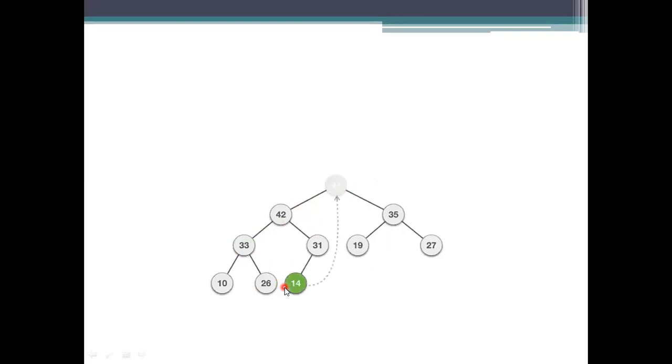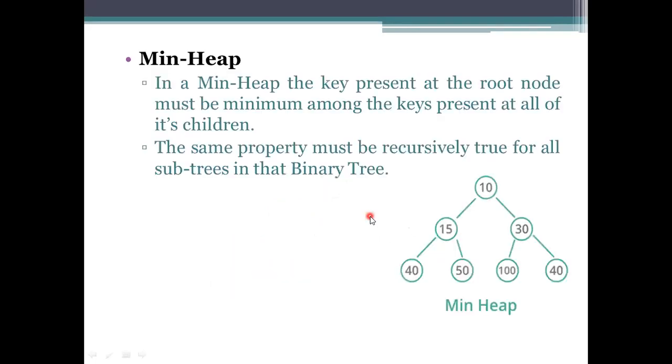We need to make it the last node. If you want to delete that node, it takes another value. So for that processing, we need to consider heapify as an important aspect here.